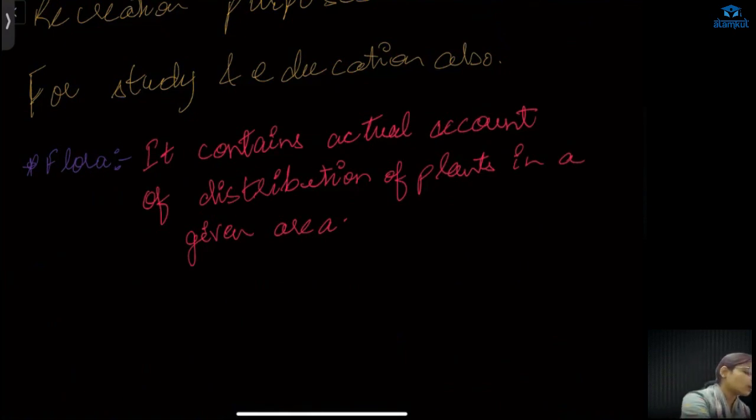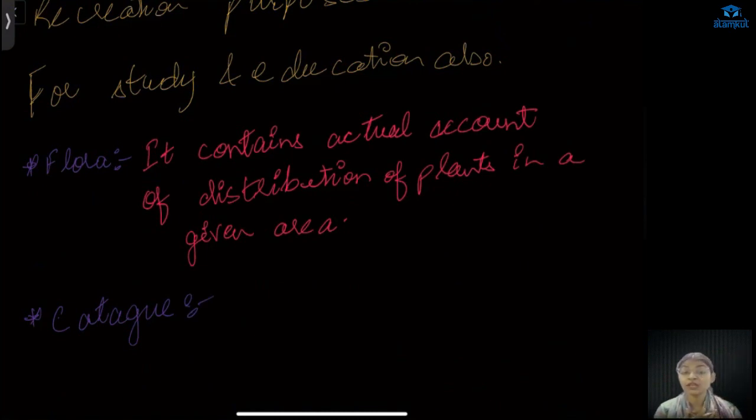Now we will come to the next part, which is catalogs. So what are catalogs? It will give us the information about various kinds of plants which are present in different parts and different regions of the world. Catalog is basically helpful for identification purposes.